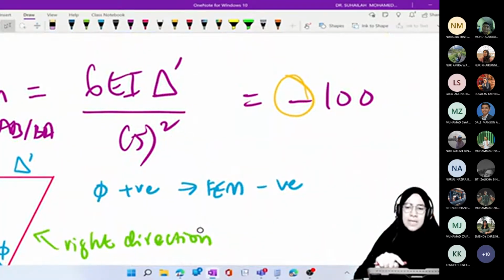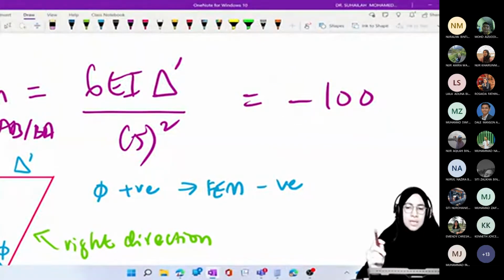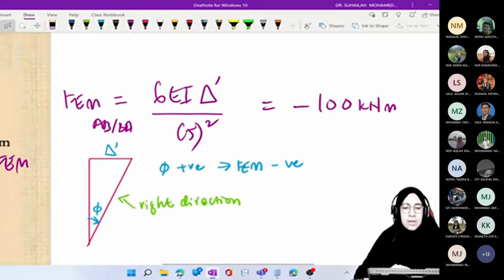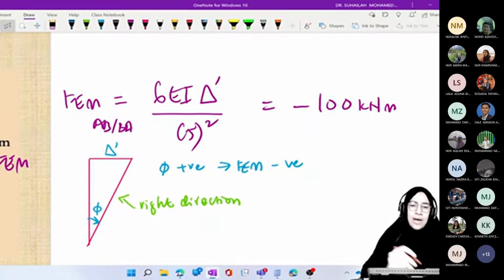This sign is very, very important. This is kilonewton meter. This is FEM for member AB. We assume as 100. This is an assumption that we made.